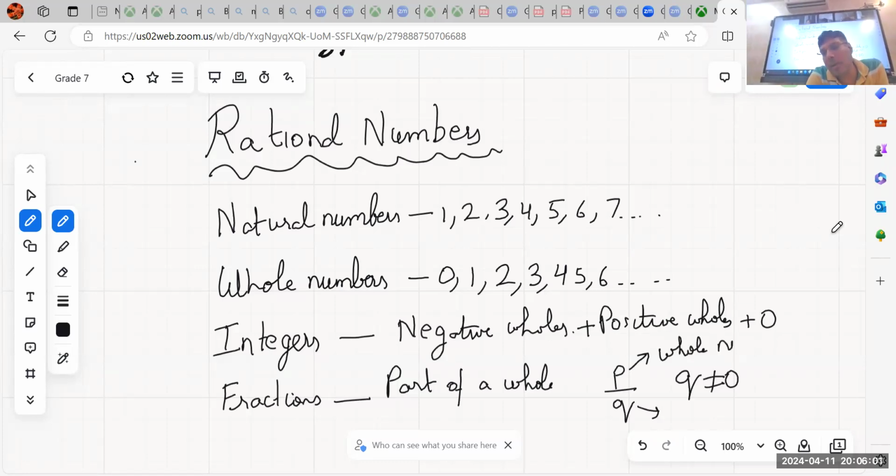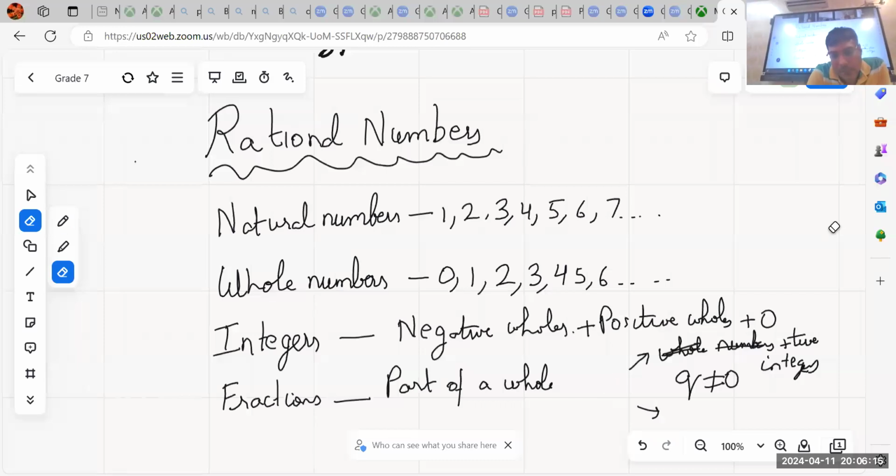They are basically positive integers, or I can write positive integers also. I shouldn't give you this definition because we'll be using p by q mainly in rational numbers.